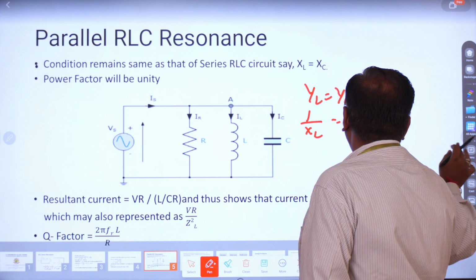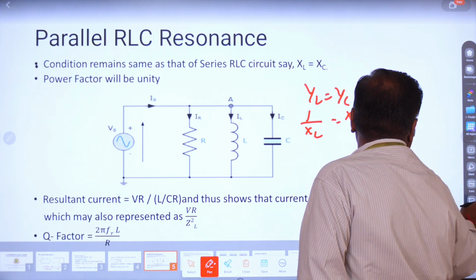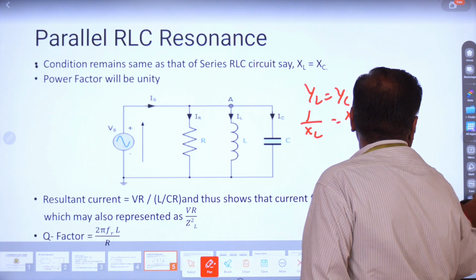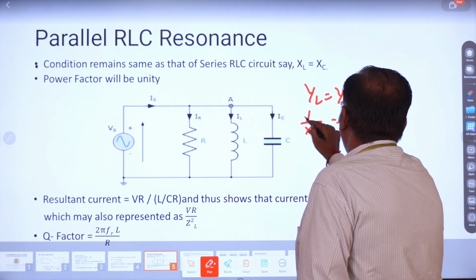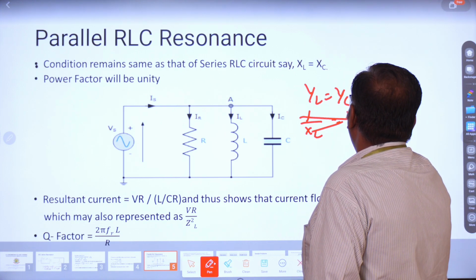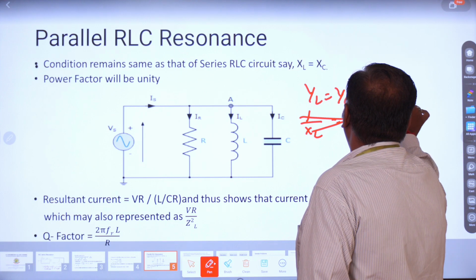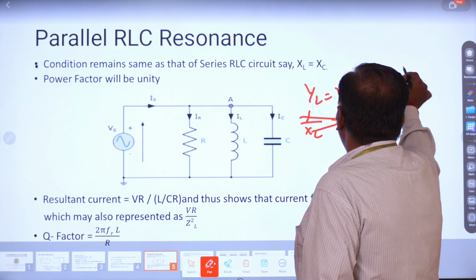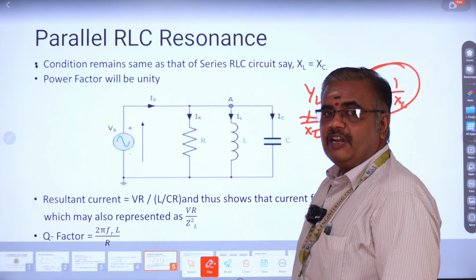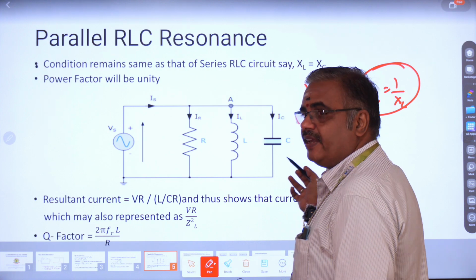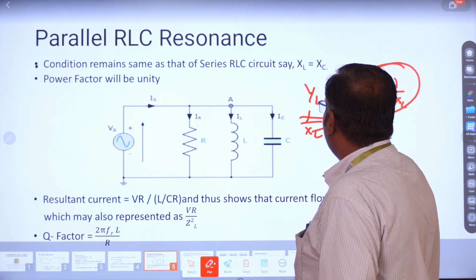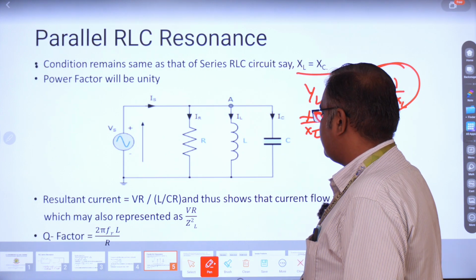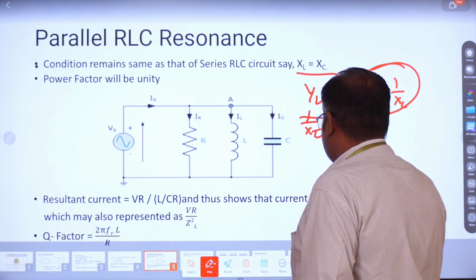I'm sorry, here it is not right. Let me erase it. This is wrong. Actually, this is 1 by XL is equal to 1 by XC. So this is your condition for resonance where YL is equal to YC in terms of admittance. When you talk about reactance, it will be XL is equal to XC.